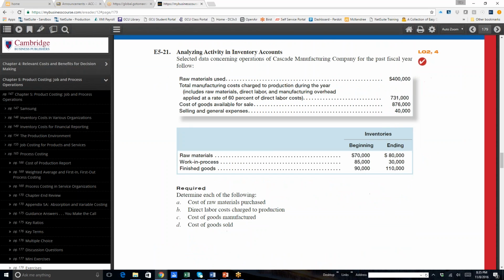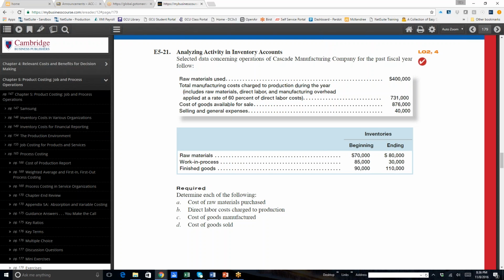Okay. So here's the problem. It's got data on Cascade Manufacturing Company for the fiscal year. In A they want you to determine the cost of raw materials purchased. It gives you your beginning and ending inventory, so you have those two numbers.